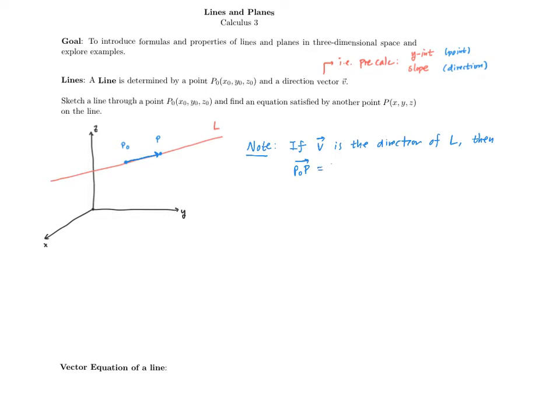And if two vectors have the same direction, what that means is that they are constant multiples of each other. So for some value t, where t is a scalar, t times v would give us that vector. And this is for some t.